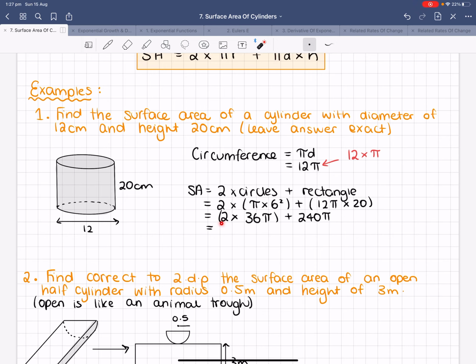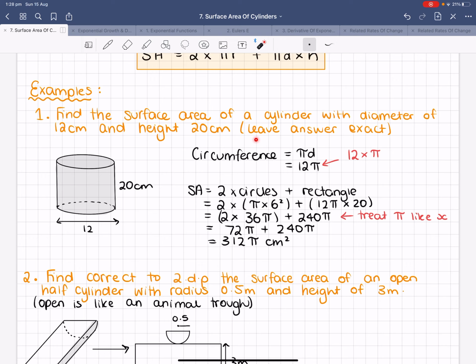Simplifying it again, we've got two lots of 36 pi, which means it's 72 pi, plus 240 pi. So you actually treat the pi symbol like it's just an x. Okay? And then 72 pi plus 240 pi is equal to 312 pi centimeters squared.